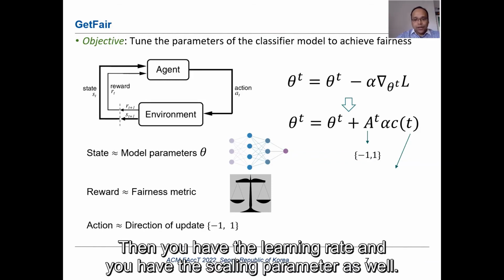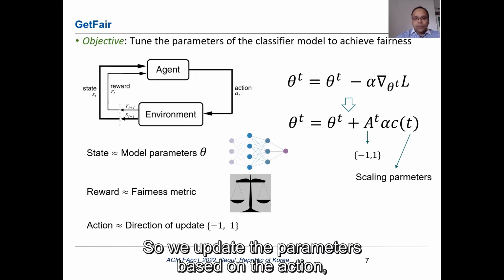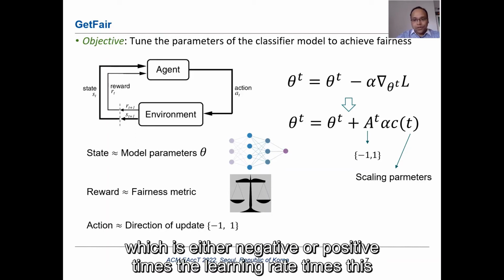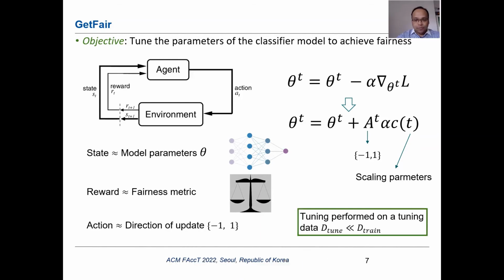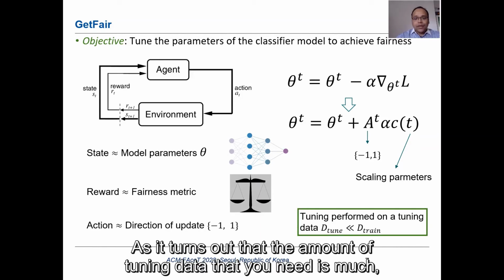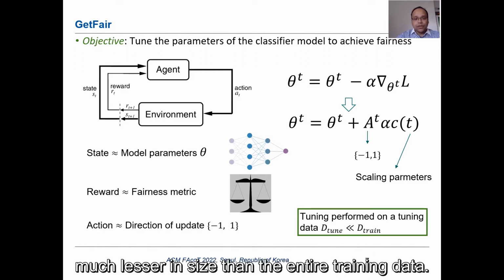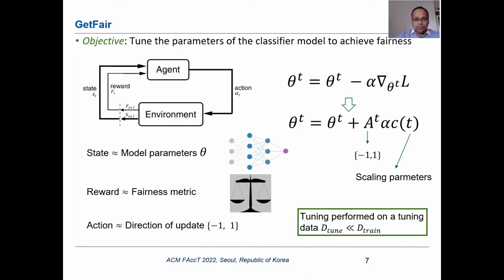Then you have the learning rate and you have the scaling parameter as well. So we update the parameters based on the action, which is either negative or positive, times the learning rate and times this scalar parameter. As it turns out, the amount of tuning data that you need is much lesser in size than the entire training data.